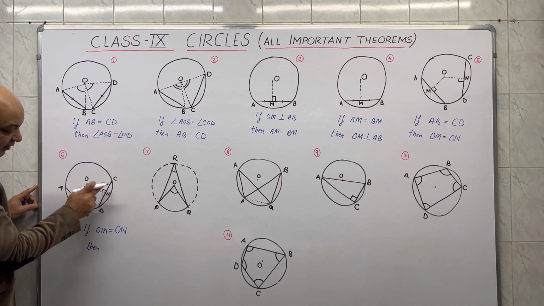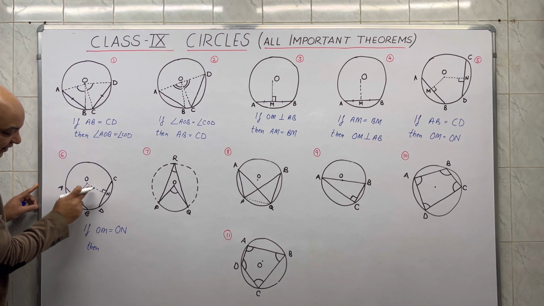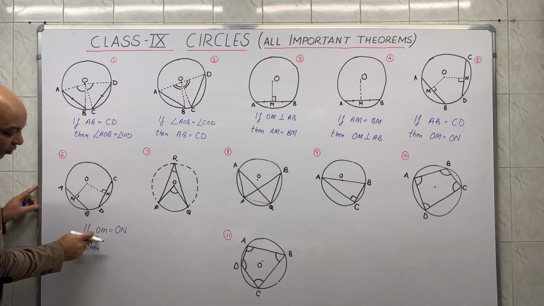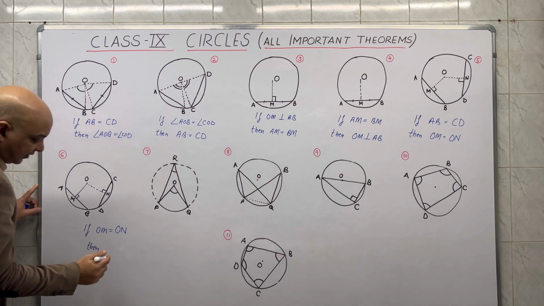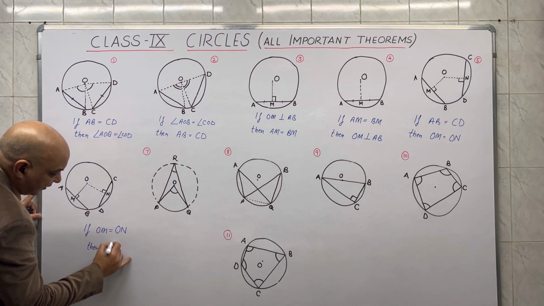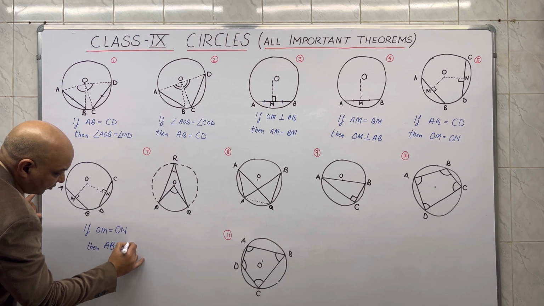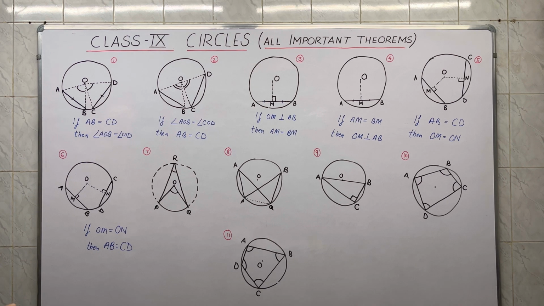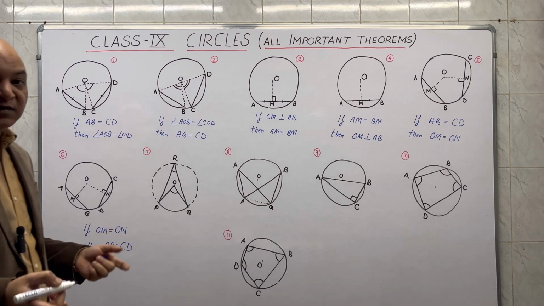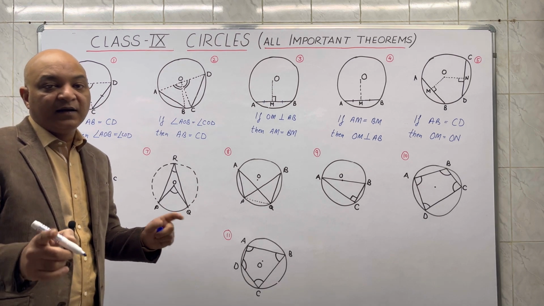That means the two chords AB and CD are equidistant from the center, then I can say that these two chords are also equal. So chords which are equidistant from the center are equal in length.